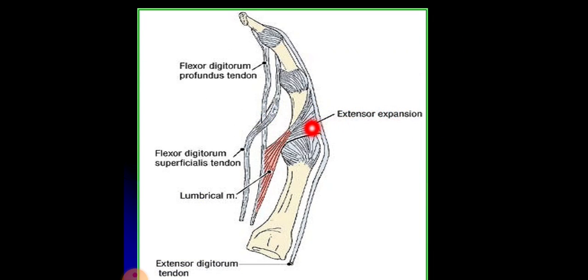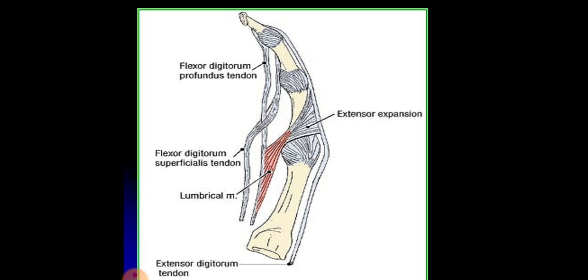This is the dorsal expansion. Dorsal expansion provides attachment for extensor digitorum, lumbrical muscle, and interossei muscle.